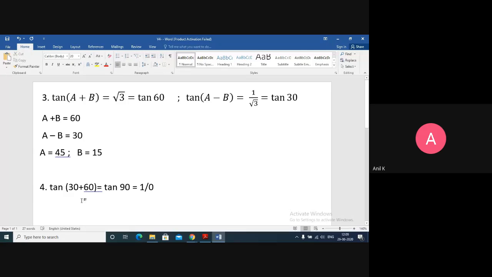Sorry, I have to think of sine. Sine (30 + 60), which is sine 90. Sine 90 value is 1.